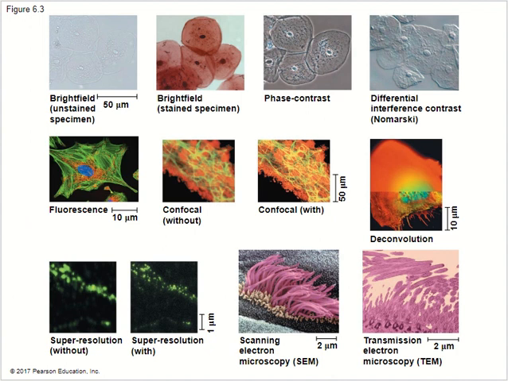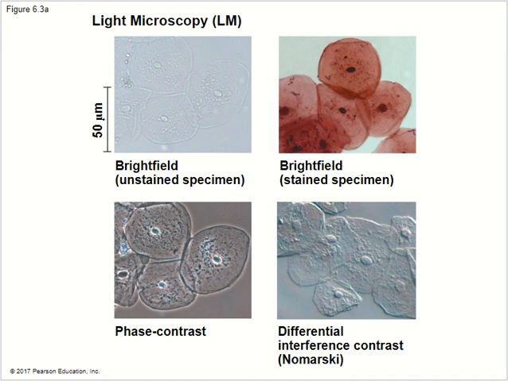What we're seeing here is different resolutions and different techniques used to get differing images of specimens. Those such as light microscopy, from the bright field technique, which can have unstained or stained specimens. Staining, again, usually helps contrast or add distinguishing parameters.